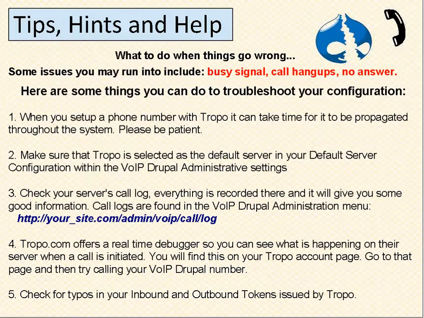And check for typos in your inbound and outbound token issues by Tropo. It's best to copy and paste those things so there won't be any typos. The things that could go wrong: you could hear a busy signal, call hang-ups, no answer, anything like that. Check these 5 things first.